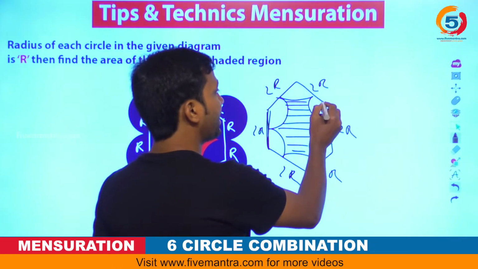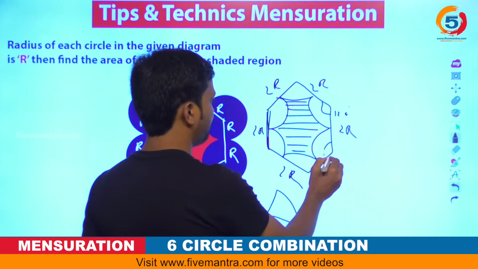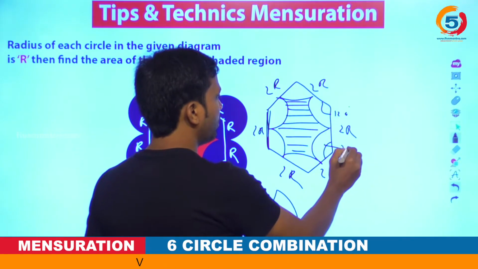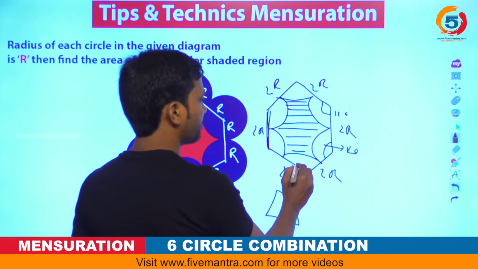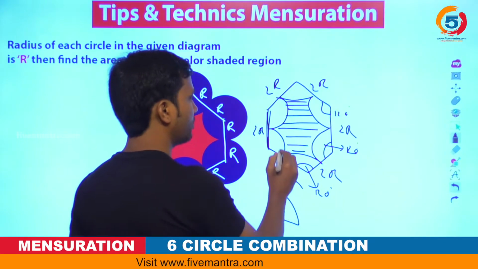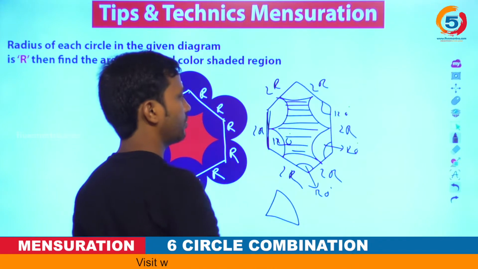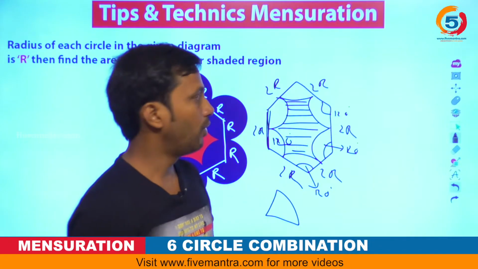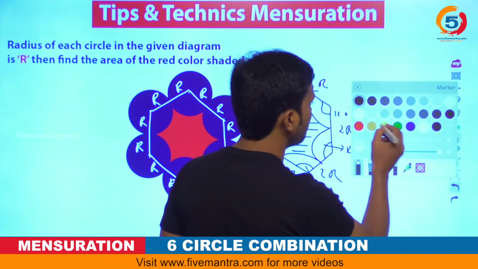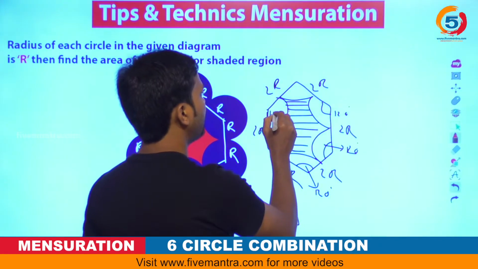Each angle in a regular hexagon would be 120 degrees. Let me write this with a different color so that it can be identified. 120 degrees.